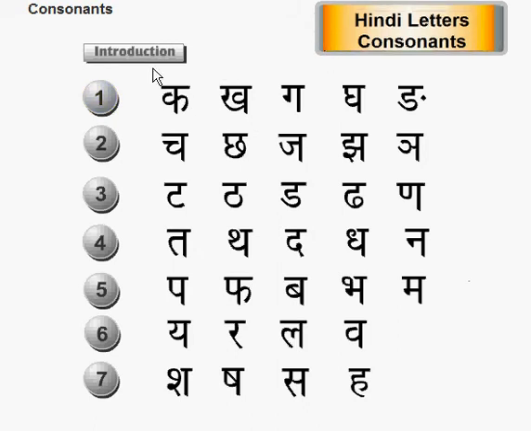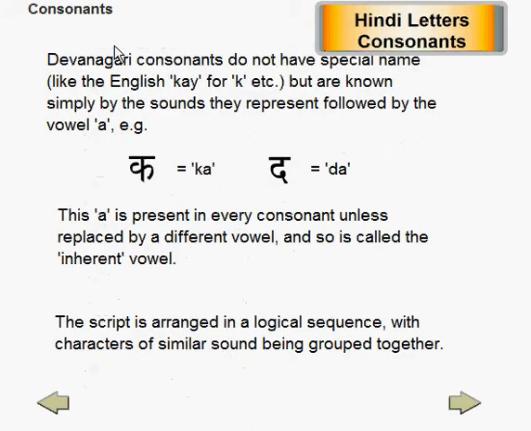Now, as you look at the consonants, we need to keep some things in mind. First of all, the Devanagari script consonants don't have special names like in English, like K or J, but are known simply by the sounds they represent, followed by the vowel A, which we just learned as the default vowel.